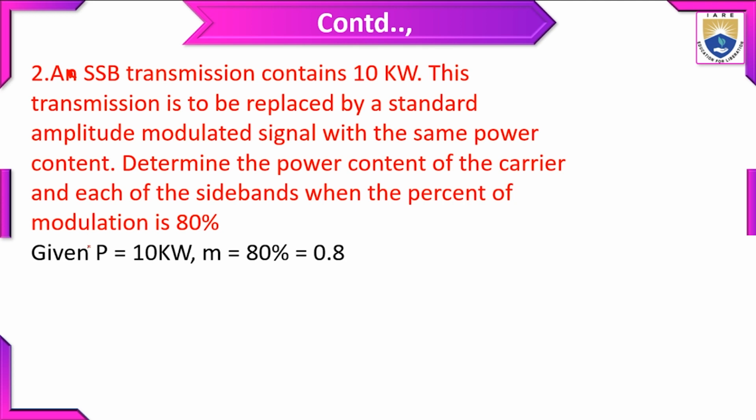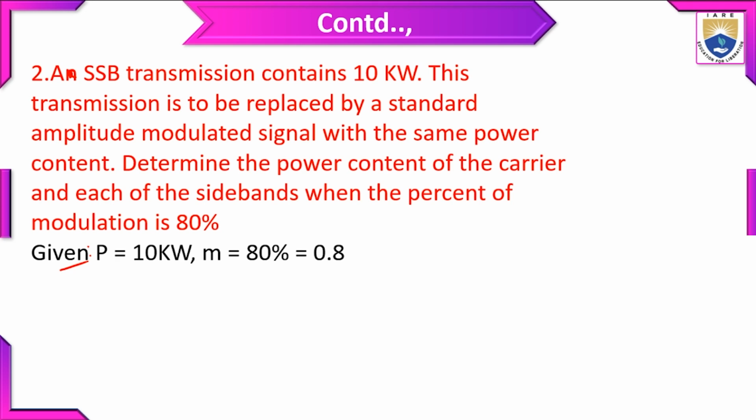So here the given data is power, 10 kilowatt, and percentage modulation, that is nothing but mu or m. 80% is 0.8.